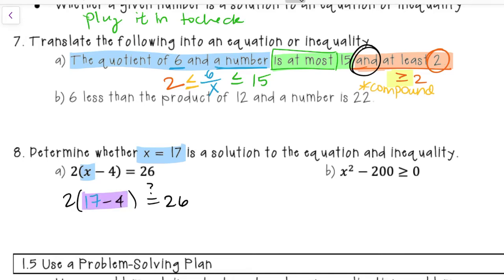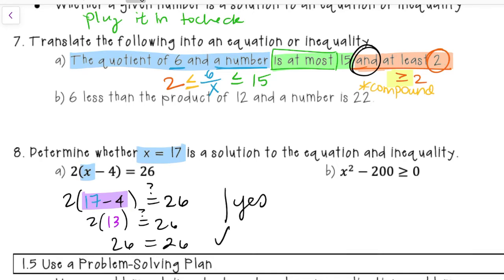So next comes our parentheses. 17 minus 4 is 13. Is 2 times 13 equal to 26? It is. 26 is equal to 26. So yes, x equals 17 is a solution to that particular equation.